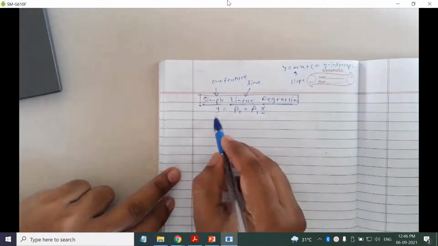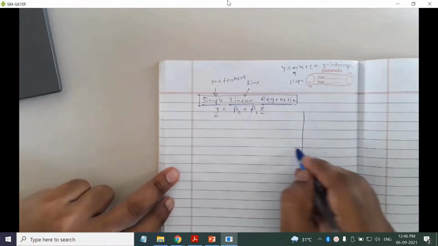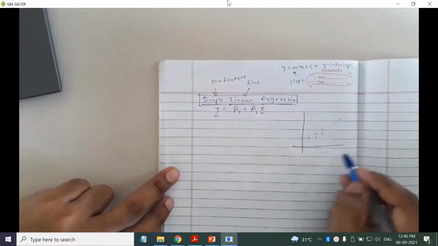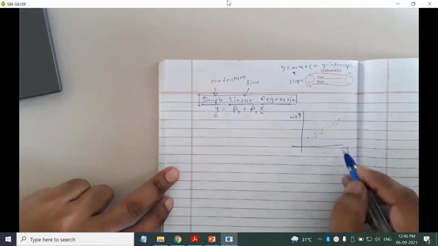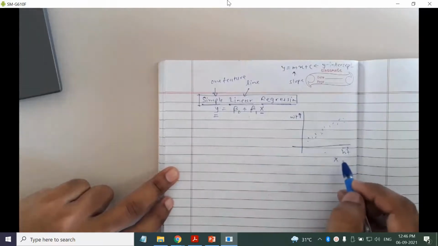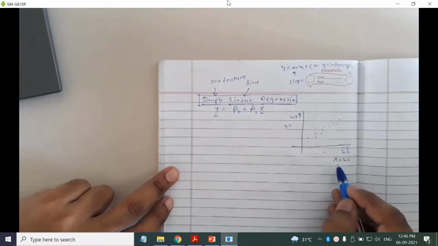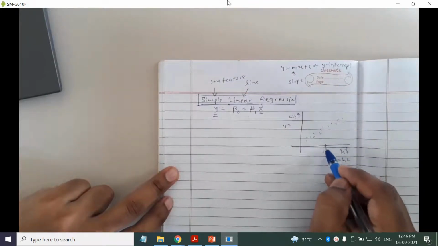Just think over it. y is the output. Consider we have this distribution, same example, height and weight. x in this example is height and y is weight, right? For a new person, let's say this is the height.